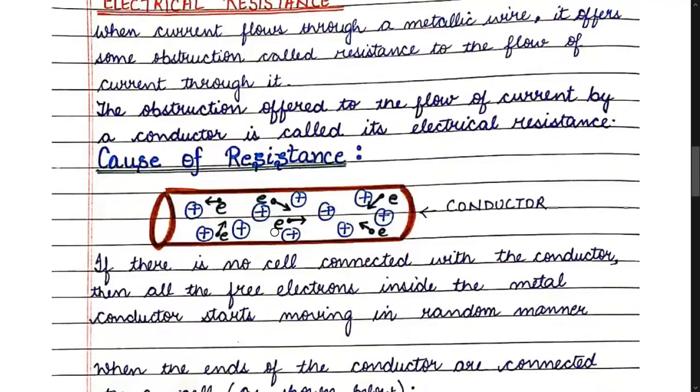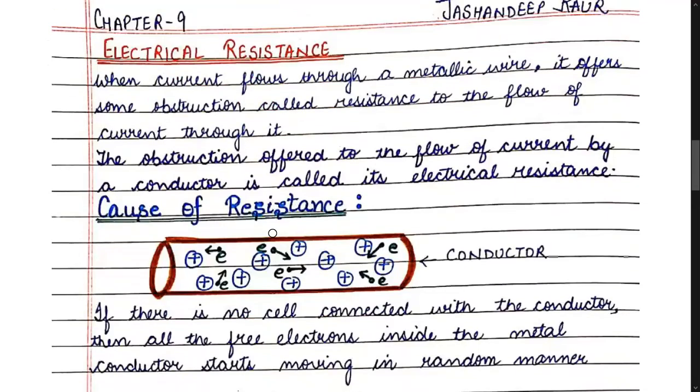So now coming to the new concept, a new term we will study today, and that is electrical resistance. Students, when current flows through a metallic wire, it offers some obstruction called resistance to the flow of current through it.